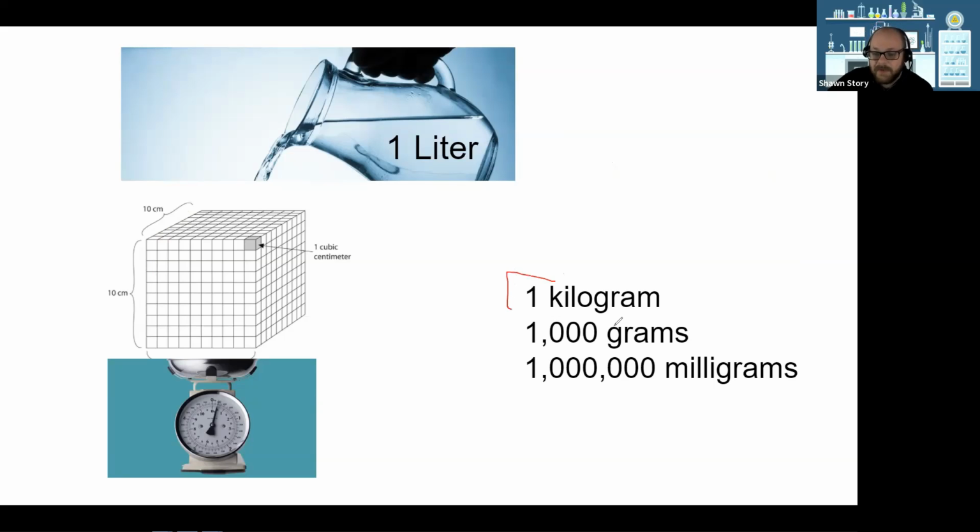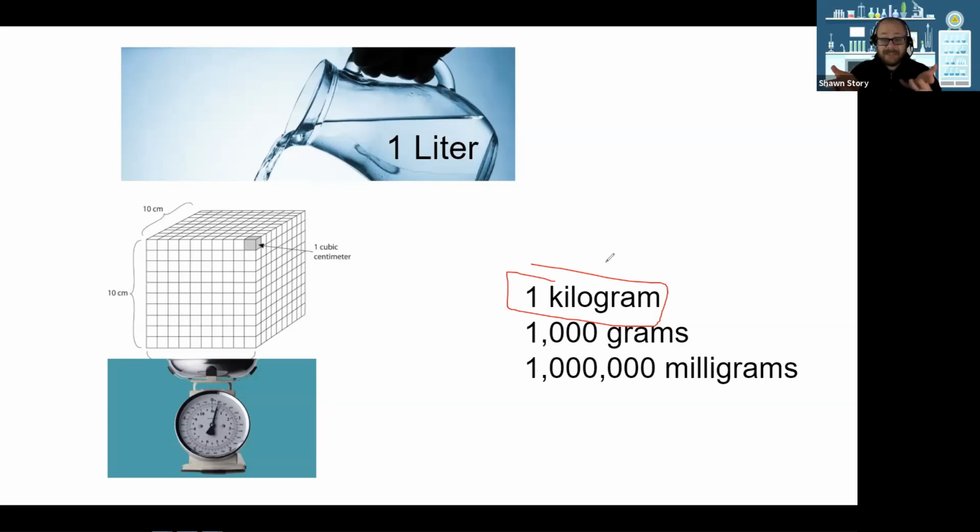But the thing with this kilogram thing is there's a few factors. One, it has to be water because other liquids weigh differently, right? Soup with chunks of stuff in it would weigh differently than soda that's carbonated. It has to be H2O, and it also has to be 4 degrees Celsius. Because as we know with thermodynamics, as we change the temperature of something, it also changes the mass, which will change the weight.